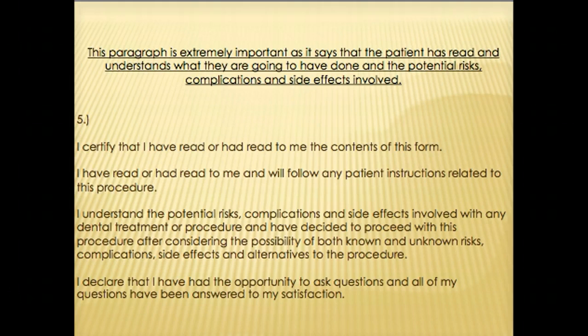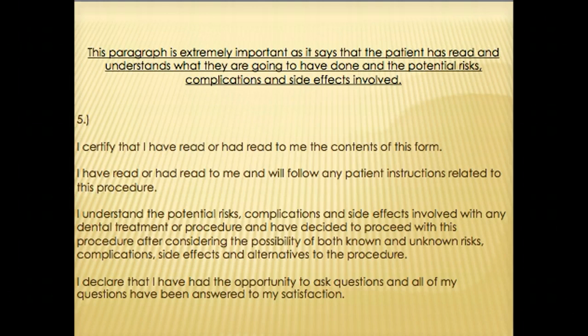It should state, I certify that I have read or had read to me the contents of this form. I have read or had read to me and will follow any patient instructions related to this procedure.